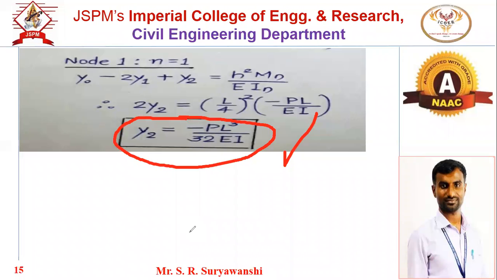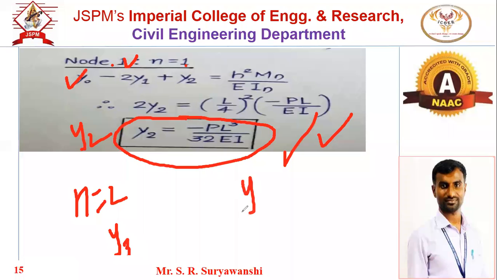In case of a cantilever beam, if you apply this central difference equation for each and every node, you will get the deflection at a certain node. If you apply the equation for node number 1, you will get the value of y2. If you apply this equation for node number 2, you will get the deflection at node number 3. Which deflection will you get if you apply this equation for node number 3?